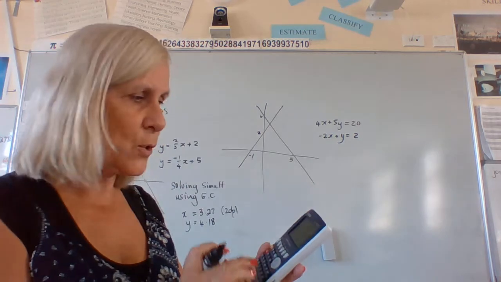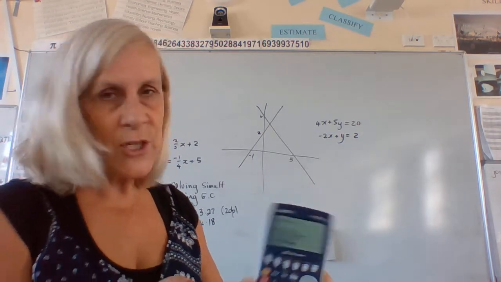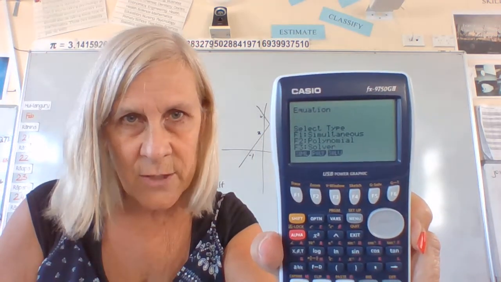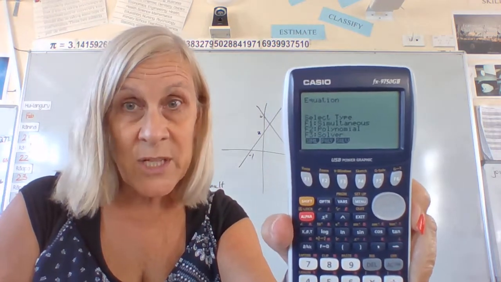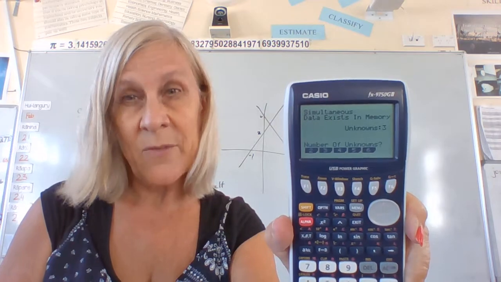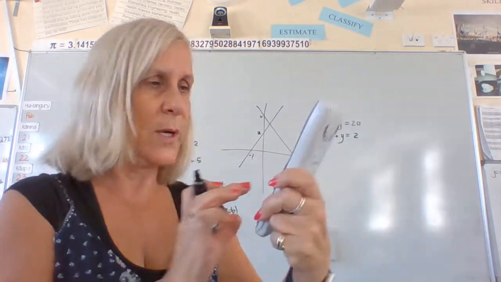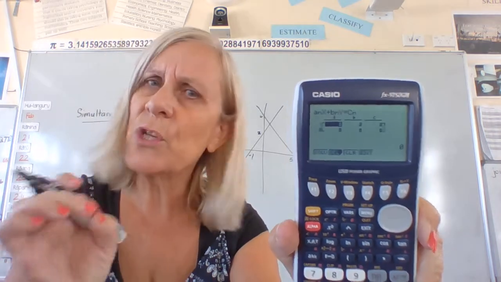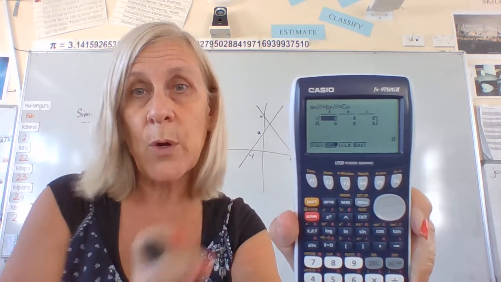So if we go to menu and find equations, we come up with these instructions, all right? We want the top one, simultaneous. So if we push F1, it says how many unknowns do we have? We have x and y, that's 2. So we push 2, and now we have a little boxy thing, and we're going to put in the coefficients as we go across the row.